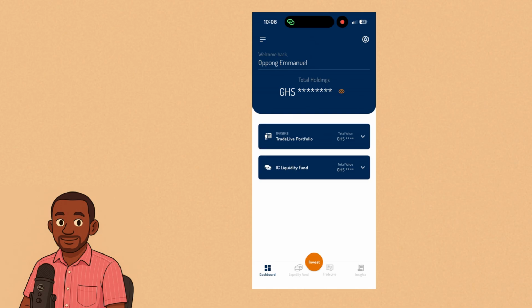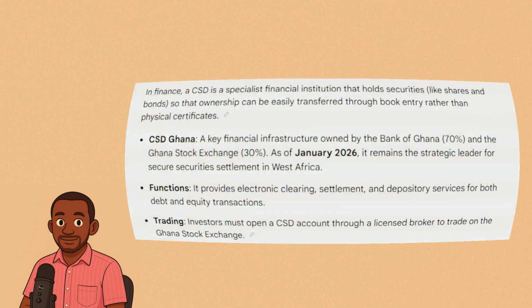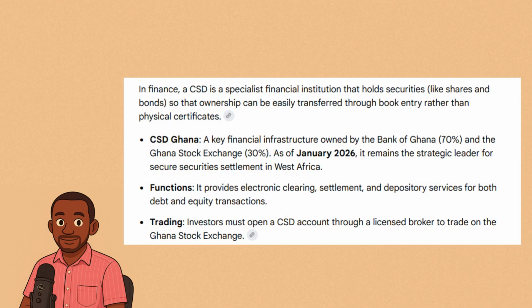Now, note this. When you create your account, it will not be active for you to buy stocks. It will take a while. You will need something we call a CSD account, which is Central Securities Depository. This account is basically like a safe digital wallet for your shares.